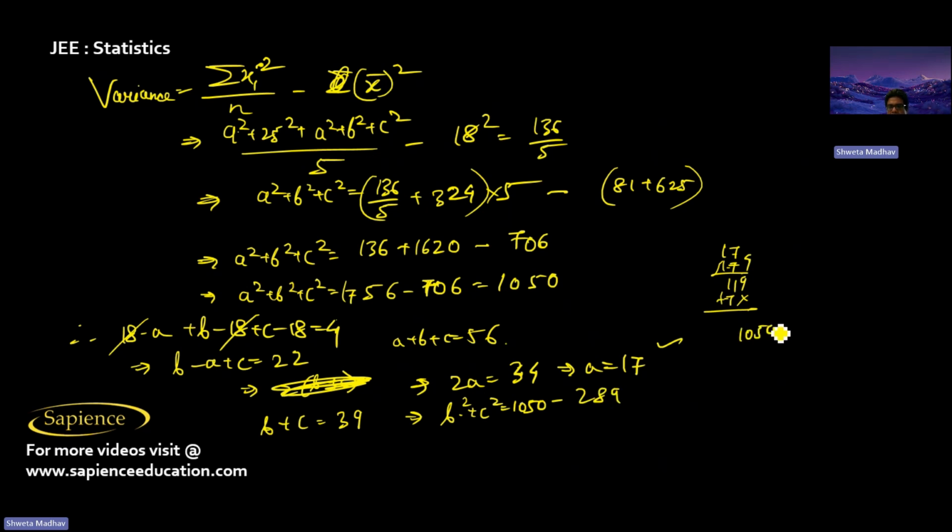So 1050 minus 289 is 761. B square plus C square is 761.